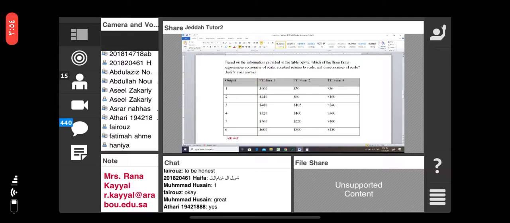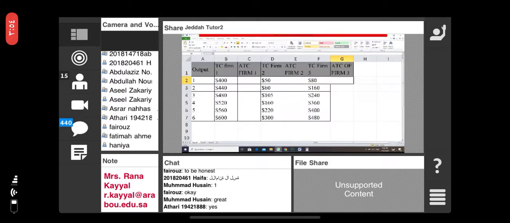I have to calculate the average total cost and then decide. How do we calculate the average total cost? Total cost, this is for the first column.